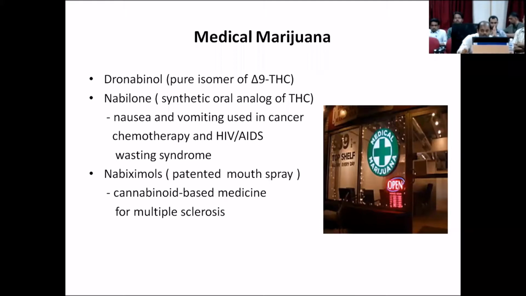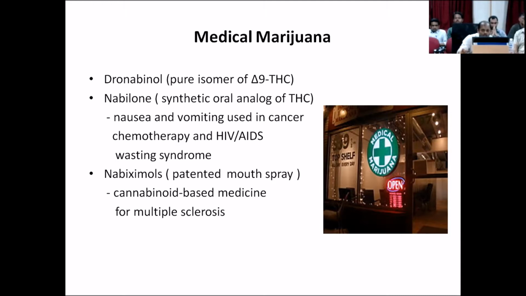They have been used for treating nausea and vomiting in cancer chemotherapy and the chronic wasting syndrome of HIV and AIDS. Also nabiximols, a patented mouth spray, has been used for multiple sclerosis.